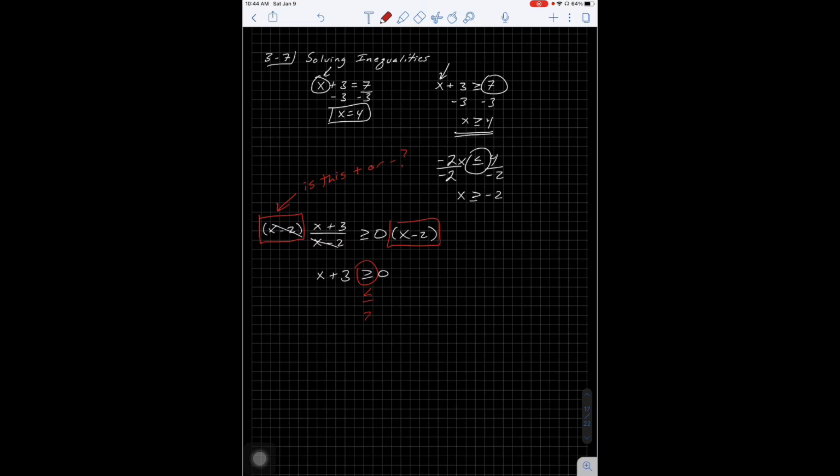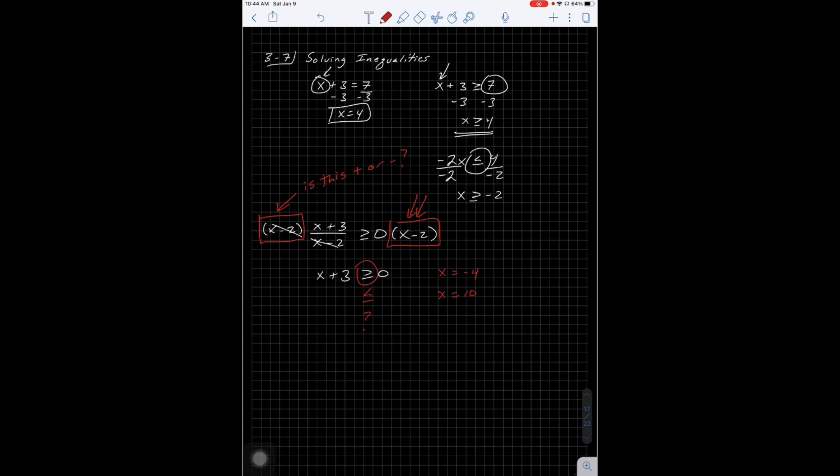So the question is, which do I do? And the answer is, I don't know, because I don't know what x is. If x is, say, -4, then this quantity is going to be negative, and we have to flip the sign. But what if x is 10? Then all of a sudden, this quantity is positive, and we don't flip the sign.